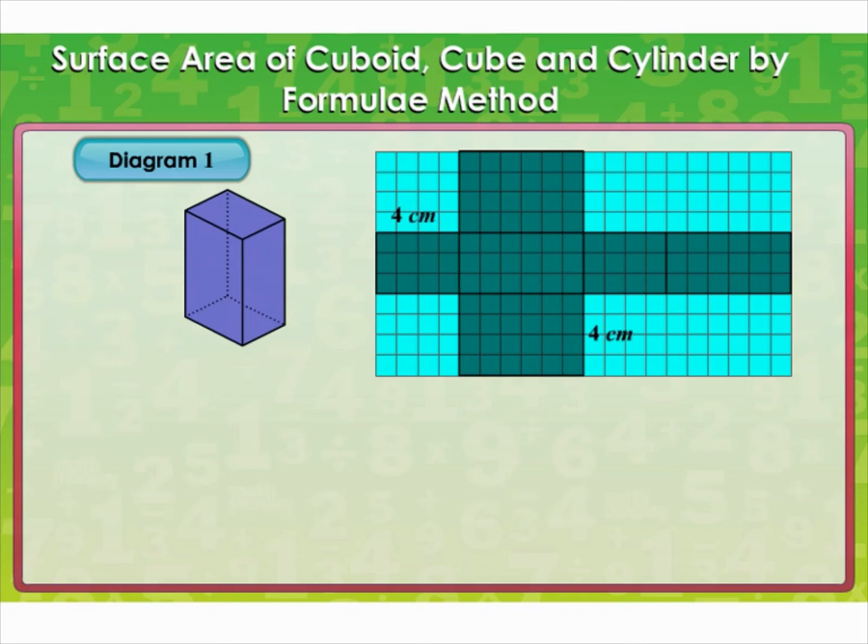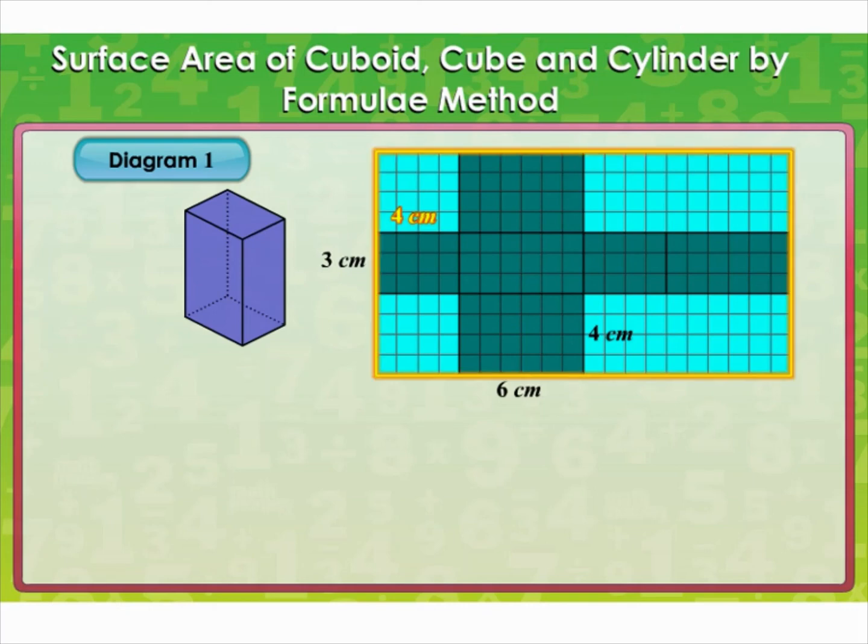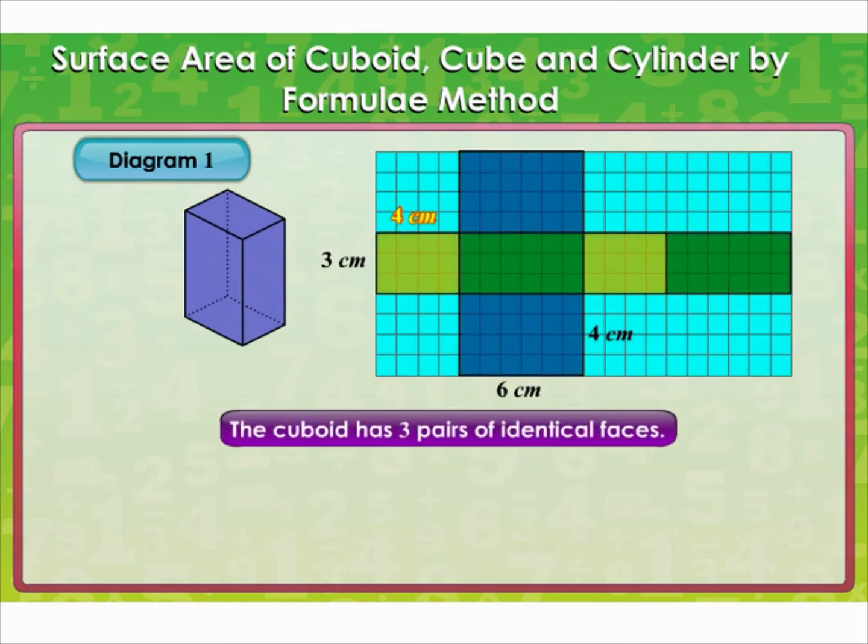This cuboid measures 4 centimeters by 3 centimeters by 6 centimeters. What else did you notice about the net? This cuboid has 3 pairs of identical faces.